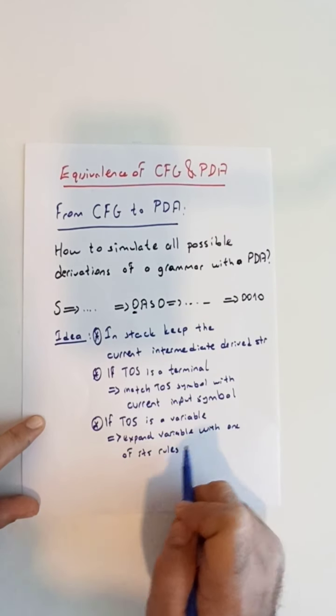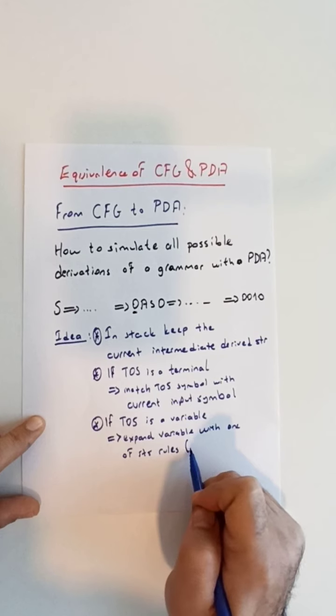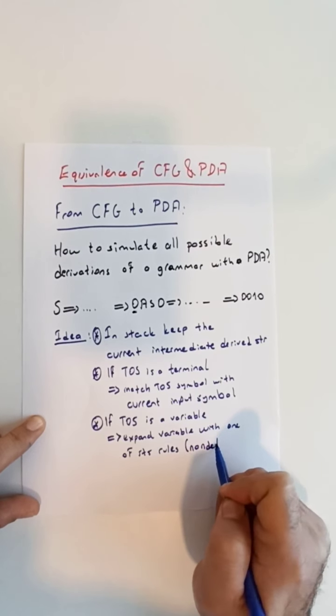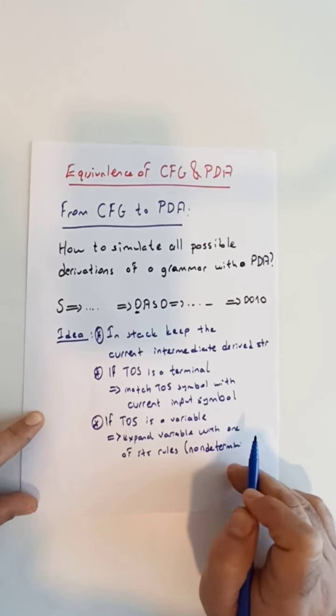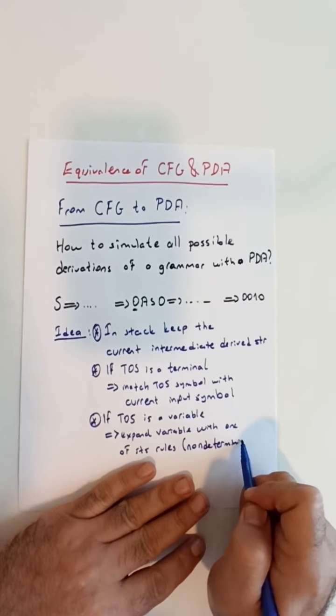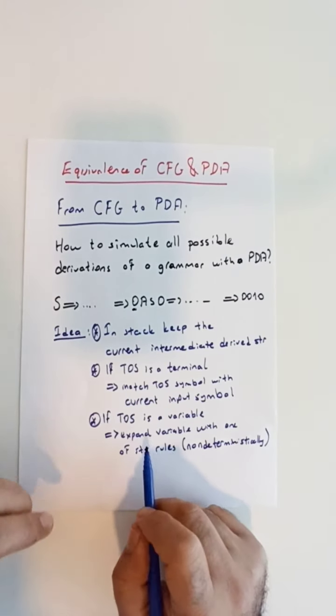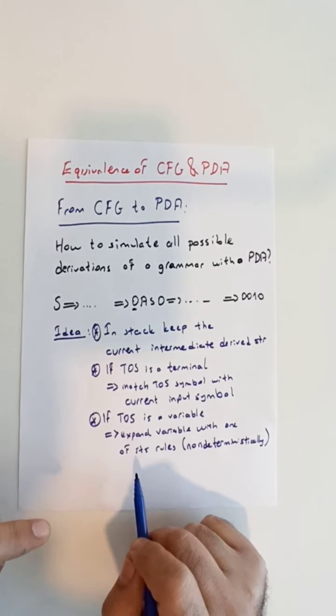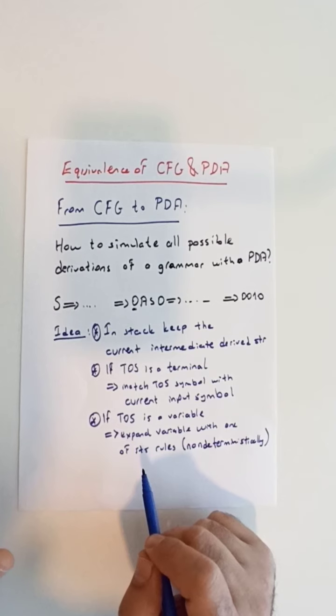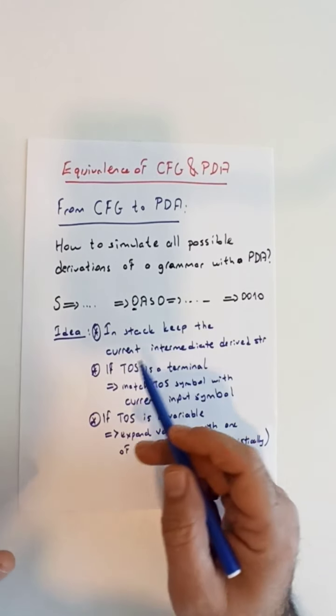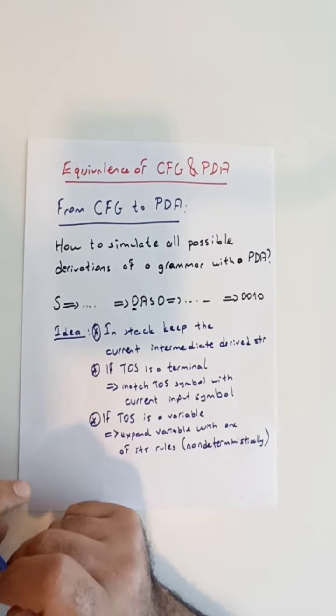So expand the variable with one of its rules non-deterministically. Basically, non-deterministically make the expansion for every possible rule that is given for the given variable A. So this summarizes the main idea.